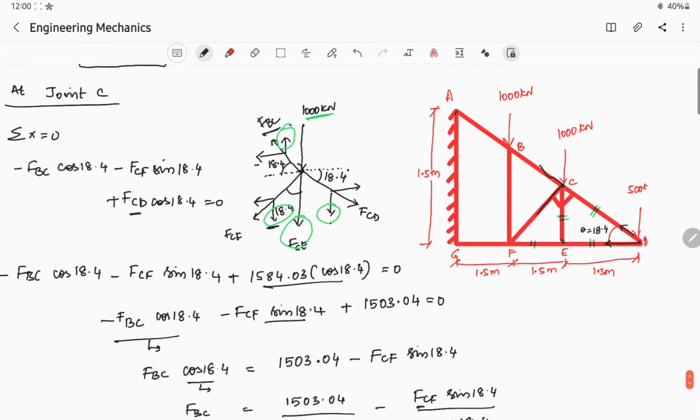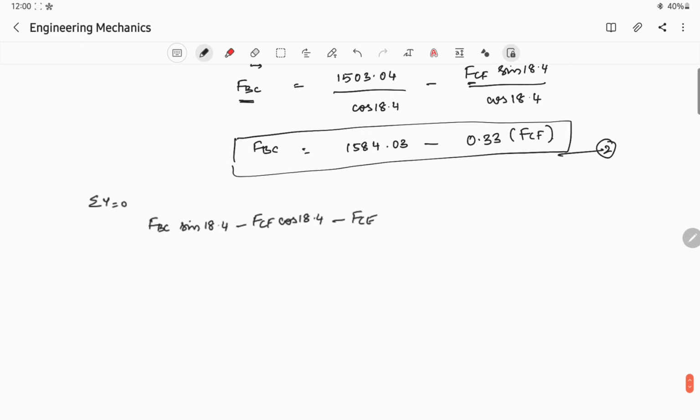Then what is the next force we have? We have minus FCD sin 18.4 minus 1000 kilonewton equal to 0. And we know FCE is 0, right?